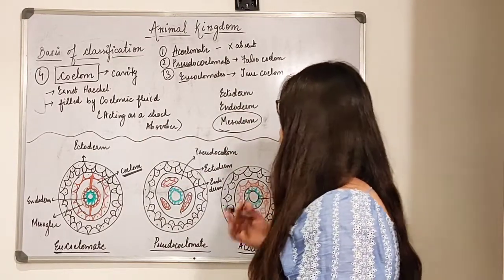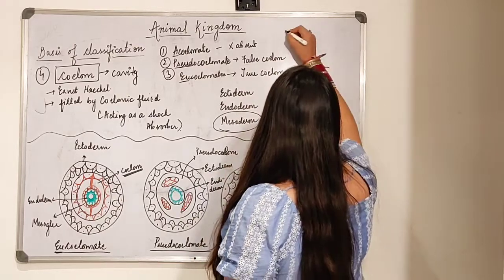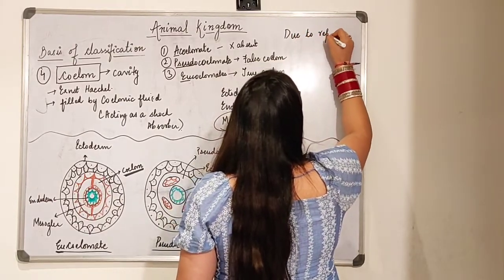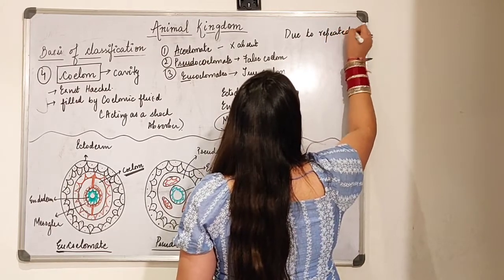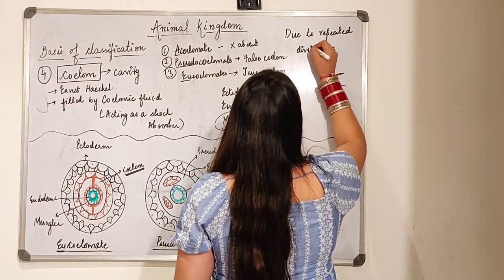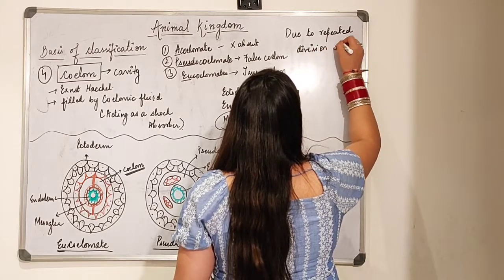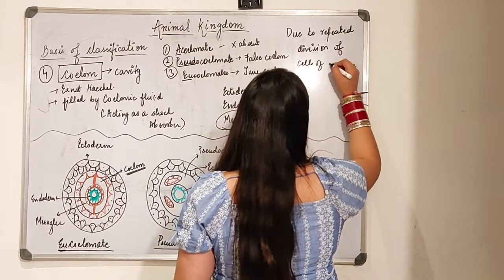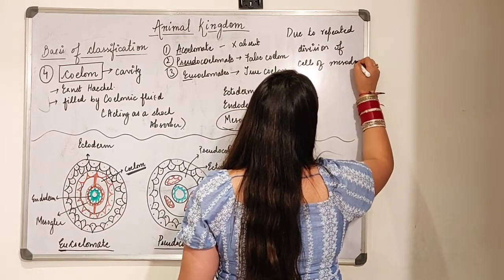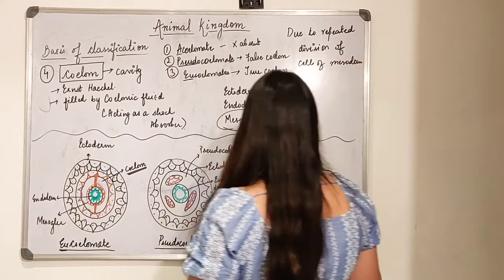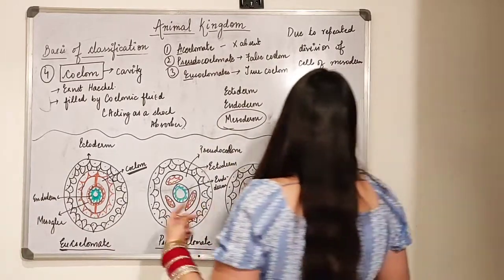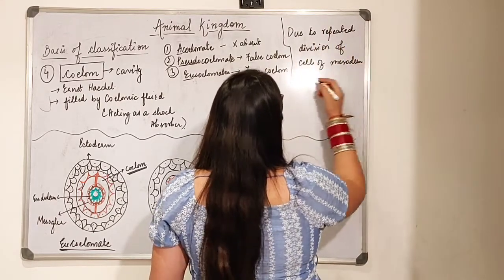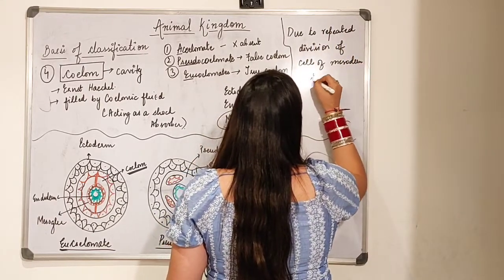Due to repeated division of the cells of the mesoderm, or mesodermal cells, a space is created. Due to the repeated division of the cells of the mesoderm, a space is created.